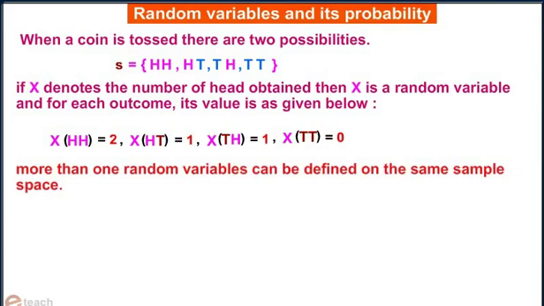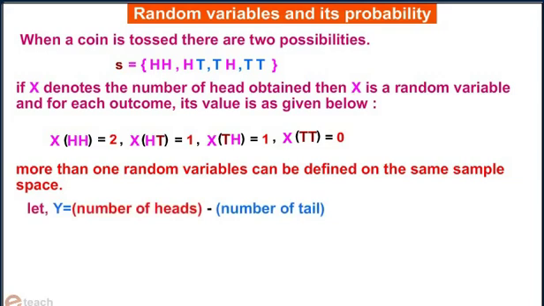More than one random variable can be defined on the sample space. Let Y equal number of heads minus number of tails. Then Y(HH) equals 2 minus 0, that is 2. Y(HT) equals 1 minus 1, that is 0.